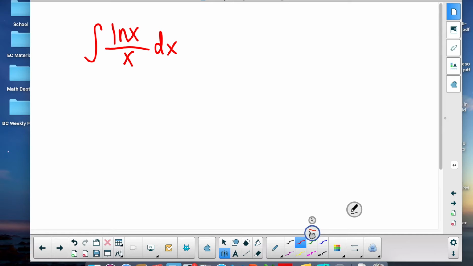If there's a natural log of x in your integral, your u equals the natural log of x, always. It takes taking him outside of the process to integrate with him in the process. So, my dx is du over, and what's the derivative of the natural log of x?